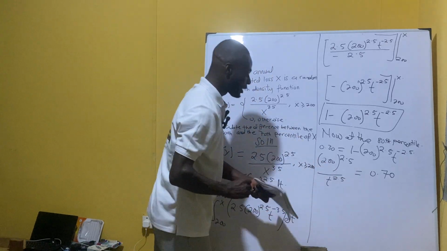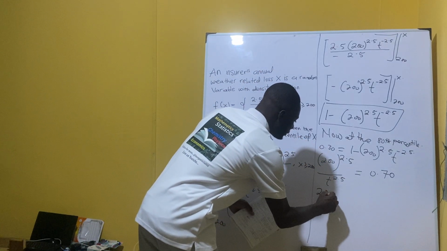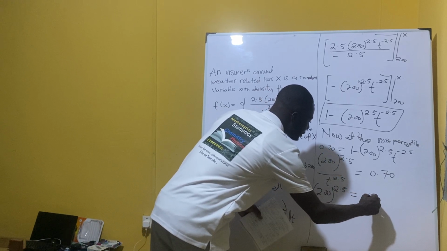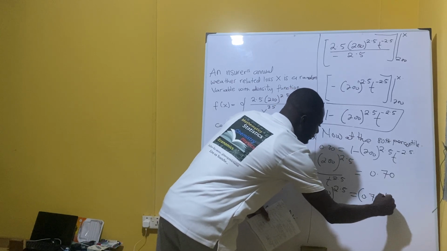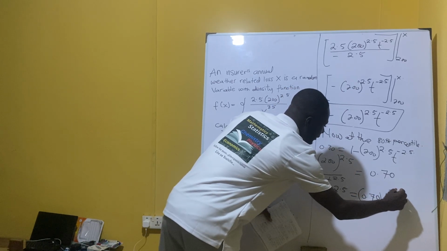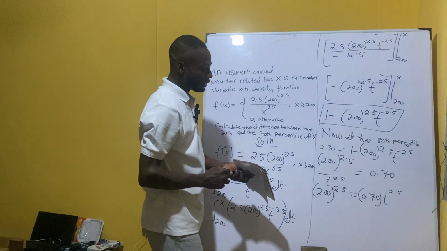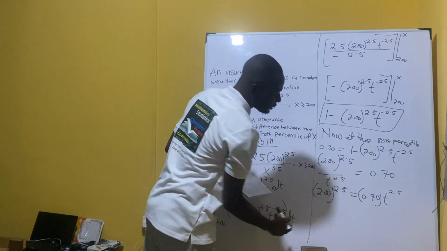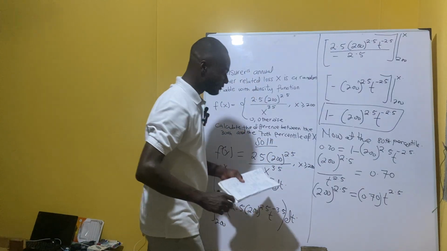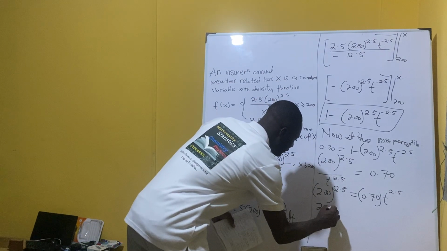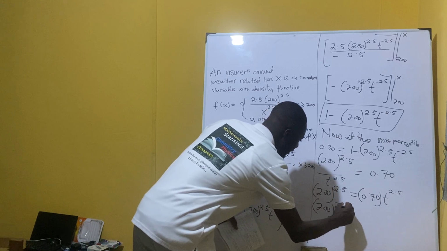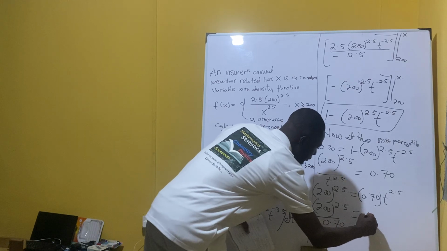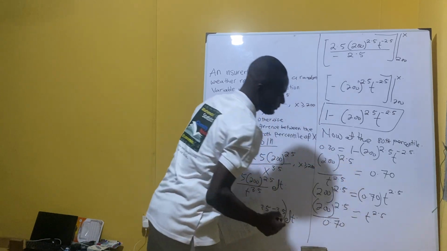So now we can say that 200 power 2.5 should be equal to 0.7 times t power 2.5. Now we can divide both sides by 0.7. So we have 200 power 2.5 all over 0.7 should be equal to t power 2.5.